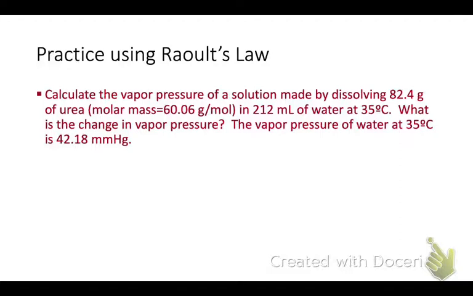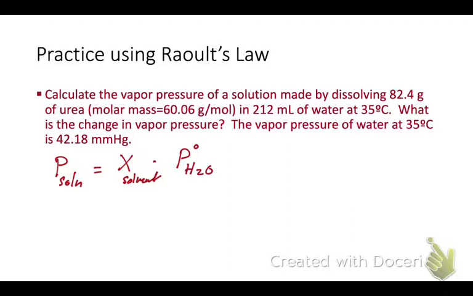I should immediately know it is a solution and a colligative property question, and they are asking about vapor pressure depression. So I immediately put the equation down: pressure of solution equals mole fraction of solvent times pressure of a pure solvent.